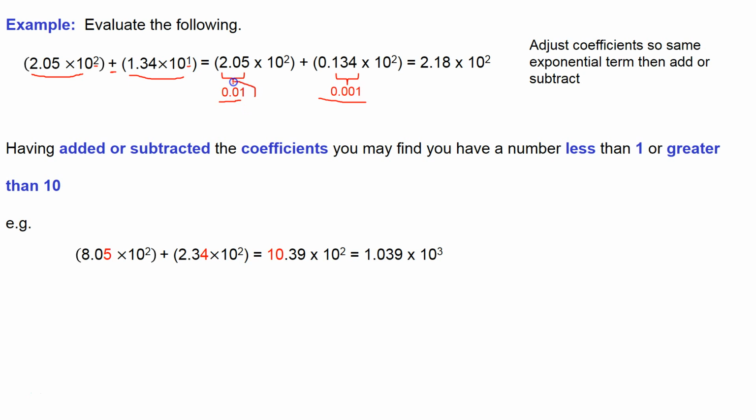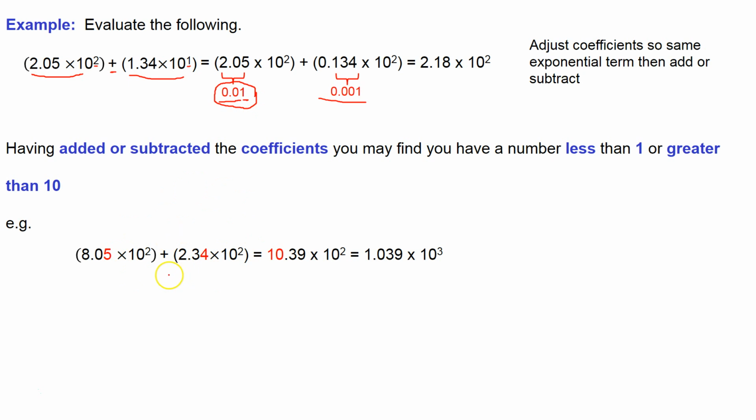So when it comes time to round the answer I get from my calculator, I'm going to round my coefficient to the 0.01 position. So all I have to do now to complete this math is add these 2 coefficients together, and that gives me this value here, and that's going to be multiplied by 10 to the 2, and I round off to the 0.01s.